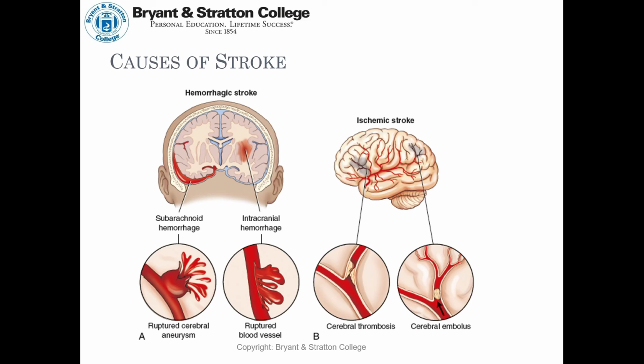Ischemic strokes, and this is basically the same thing that happens with a heart attack in the coronary arteries. We get the same thing happening in the brain. You can have a thrombosis or thrombus, where a thrombus or an embolus is just going to block and you get a loss of blood flow.